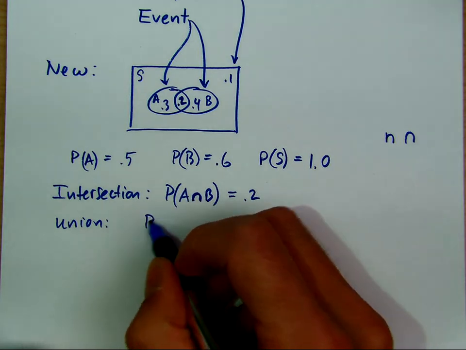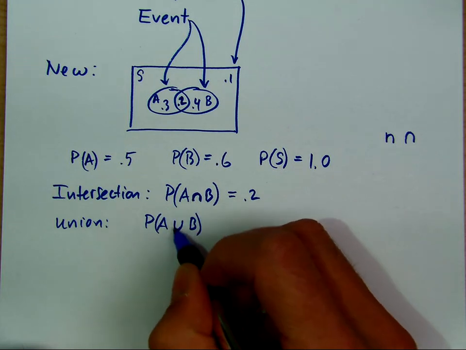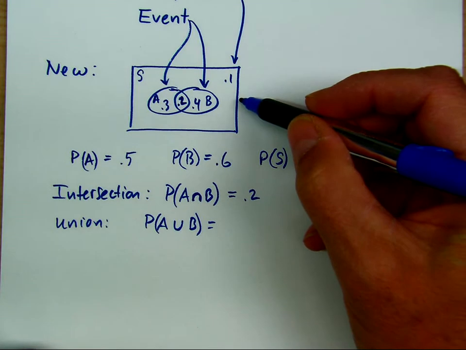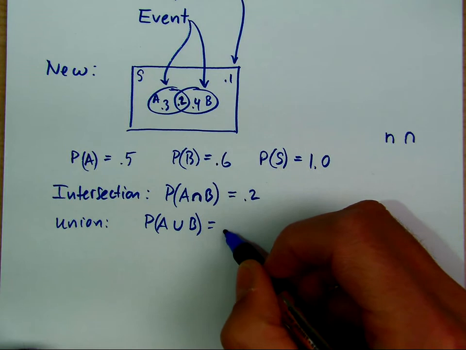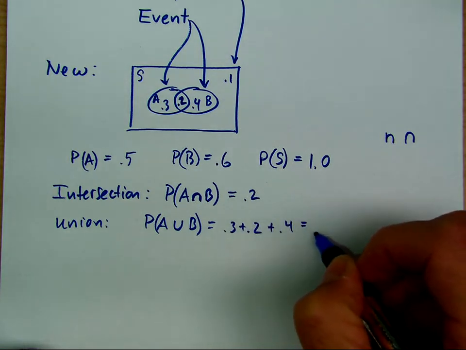Union. The notation for union is a U shape, and when we look at the Venn diagram, the union is the area of A and B together. So it would be 0.3 plus 0.2 plus 0.4, 0.9.